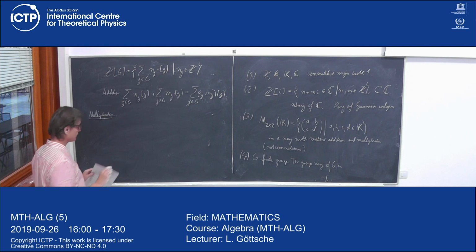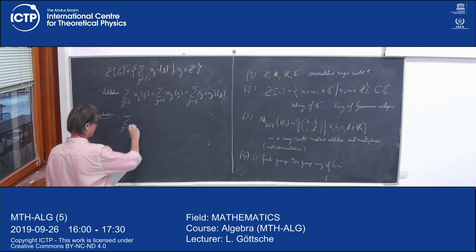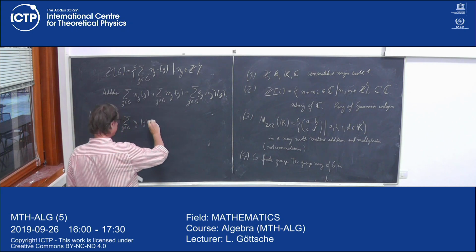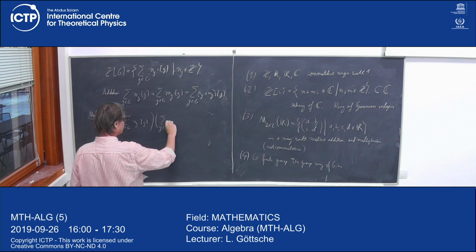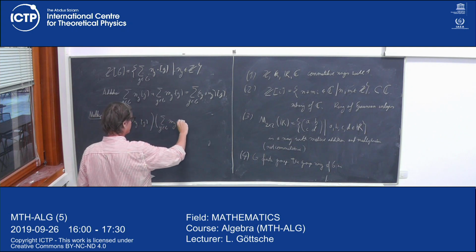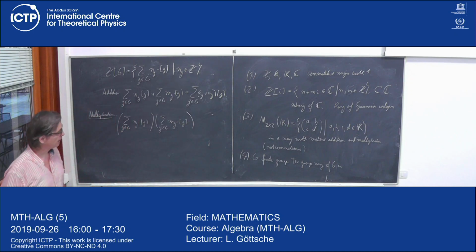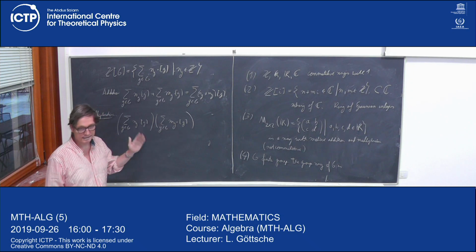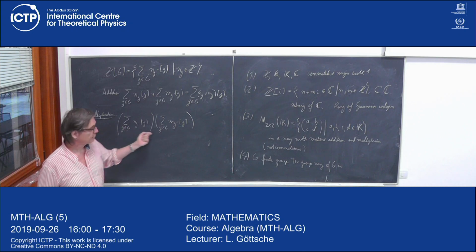So multiplication is, if I take the sum of n_g times g and the sum of m_g times g, how do I want to do it? I want to multiply the elements in the group and their coefficients and sum everything up, and formally impose that the distributive law holds.